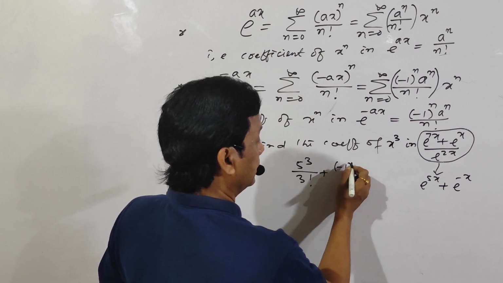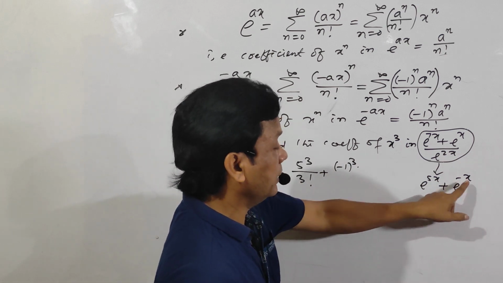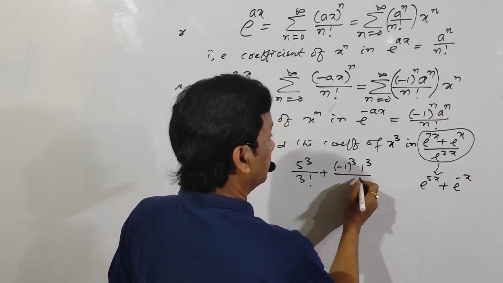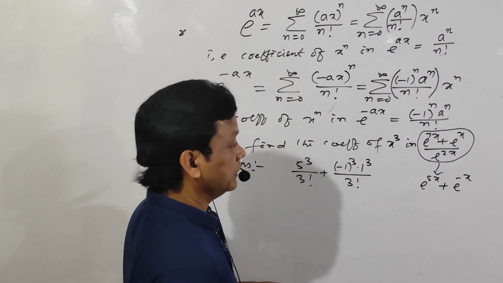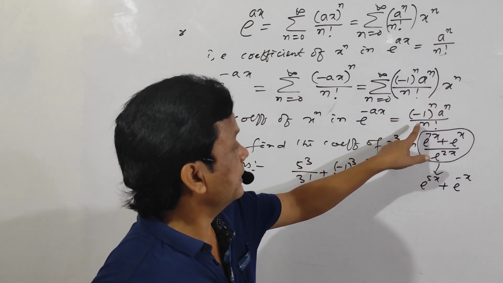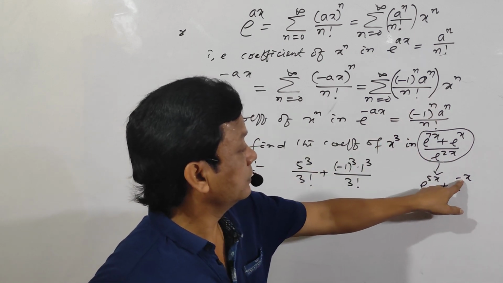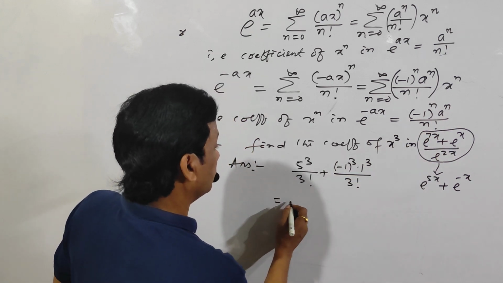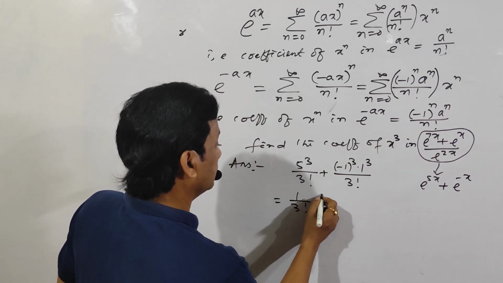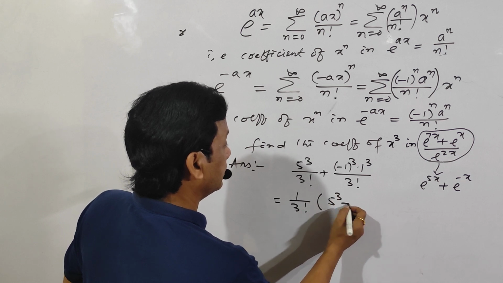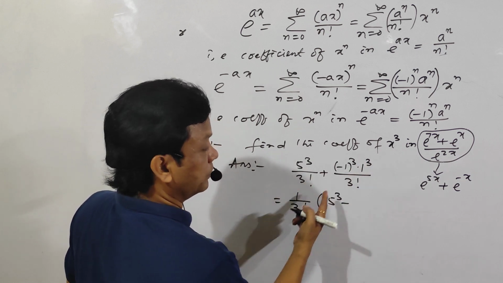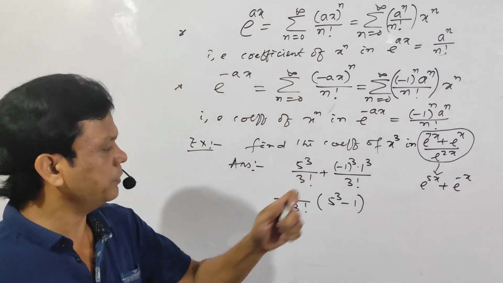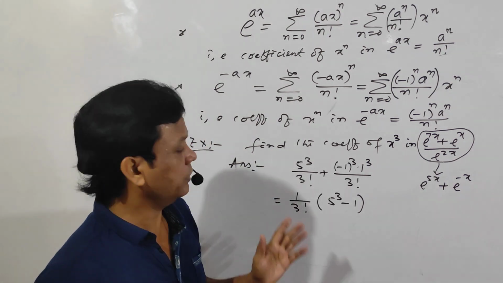Minus 1 to the power 3 into a, where a is 1, 1 to the power 3 divided by factorial 3. So this will become, take 1 by factorial 3 common, 5 to the 3 minus 1 to the 3, which is 1. So this is the answer. You can simplify it also, find out the value, or keep it as it is.